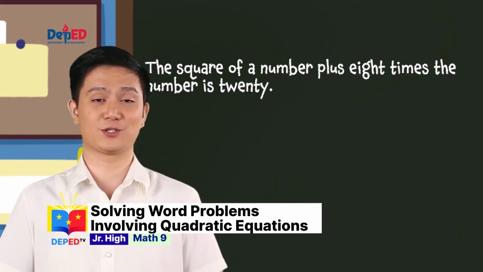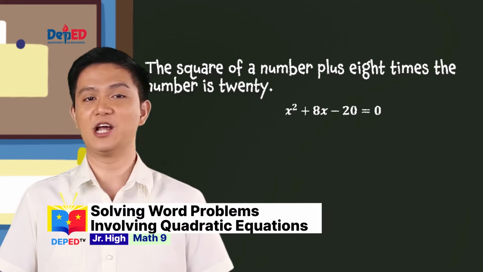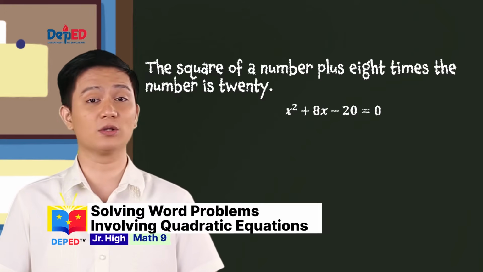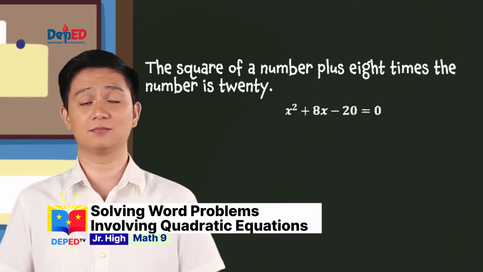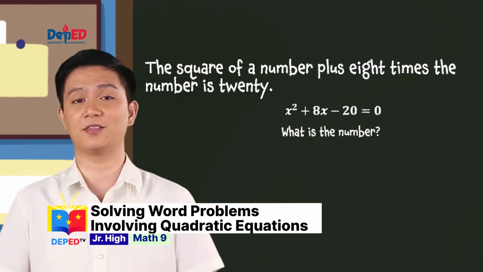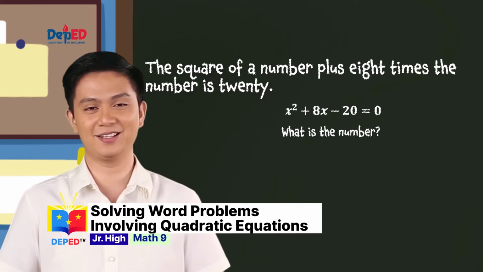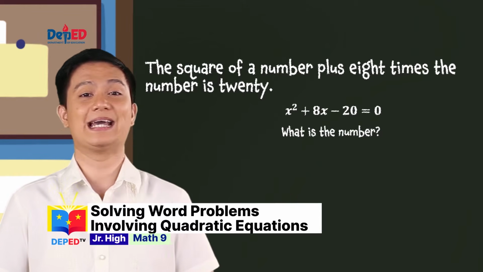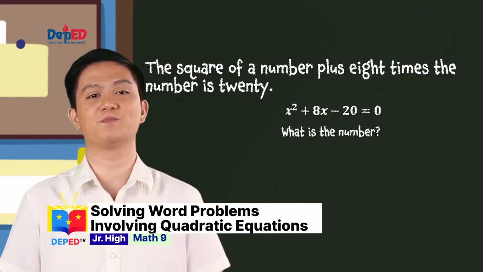In the verbal sentence number 2, which we translated into the equation x squared plus 8x minus 20 equals 0, the question that could be asked is definitely, what is the number? And this we can answer by solving the quadratic equation x squared plus 8x minus 20 equals 0, since x here represents the number.